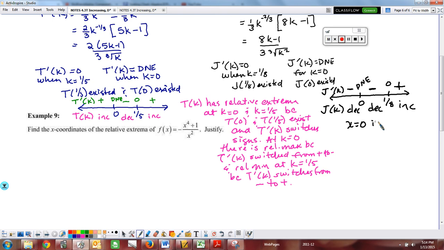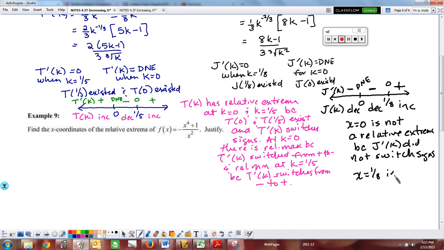So x equal to 0 is not a relative extrema because our derivative, j prime of k, did not switch signs. So in this problem, the only extrema is k equal to 1/8, a relative min, and that's because our derivative, j prime of k, switched from negative to positive.